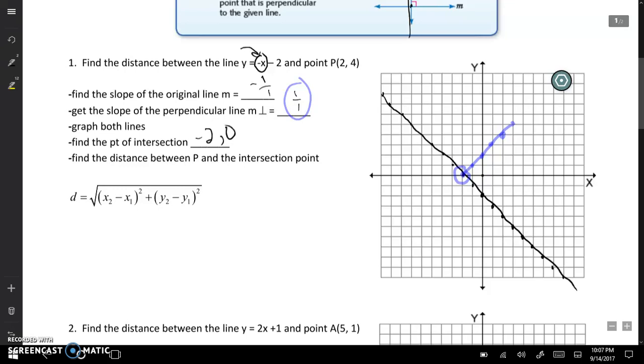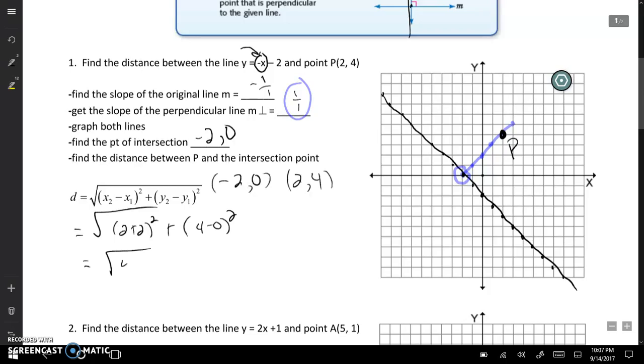So now we're going to find the distance from that point P to the intersection point. So we're trying to find the distance between the points negative 2, 0, and 2 comma 4. We use our distance formula. We're going to use square roots: 2 plus 2 squared plus 4 minus 0 squared. So that's the square root of 4 squared plus 4 squared, which is the square root of 16 plus 16, which is the square root of 32.